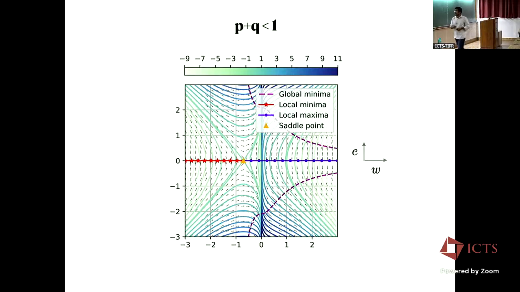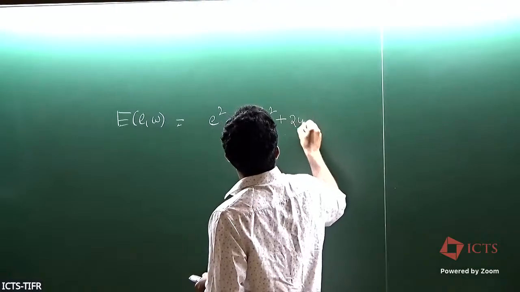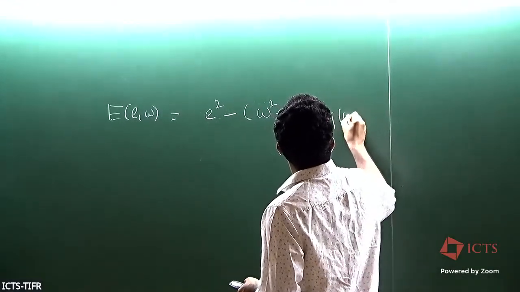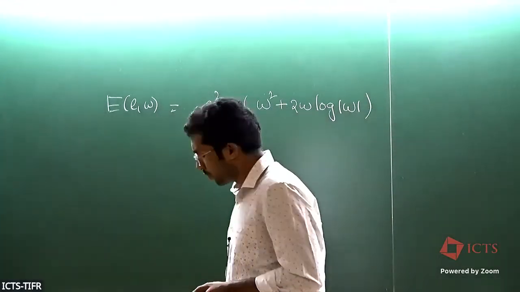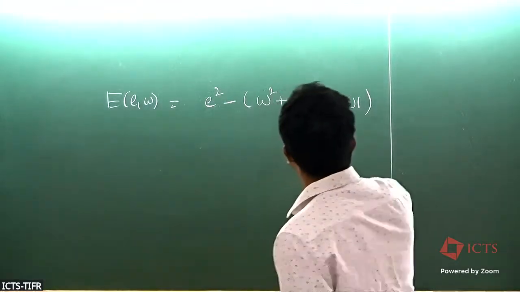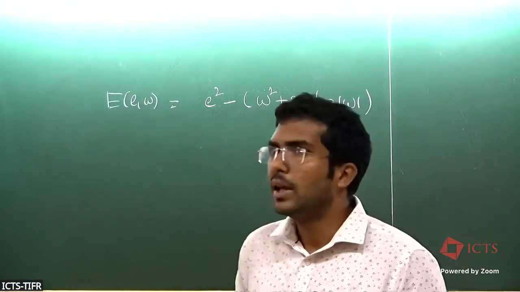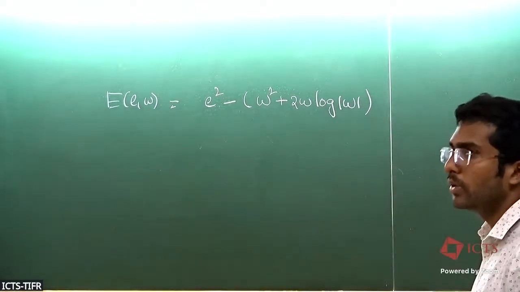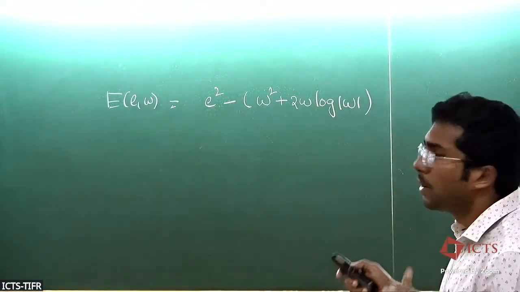I will not get into details about how we derive it. Maybe I'm missing a factor of 1 or 2, but that's how it looks, and that's what this flow magically follows. Okay, this is just a phase diagram, but that's not the full story.